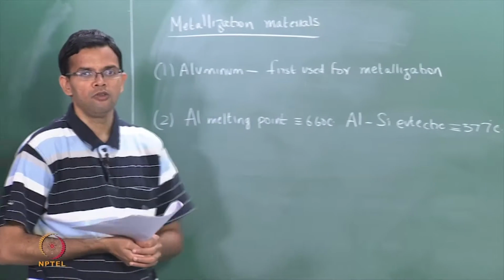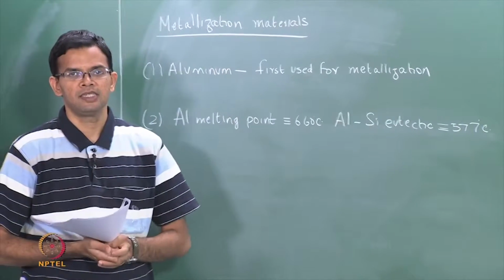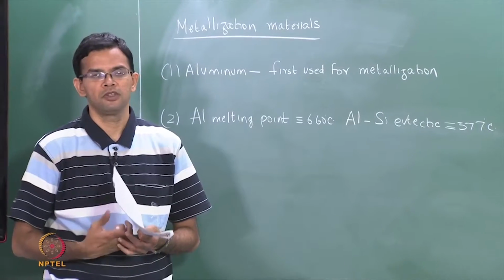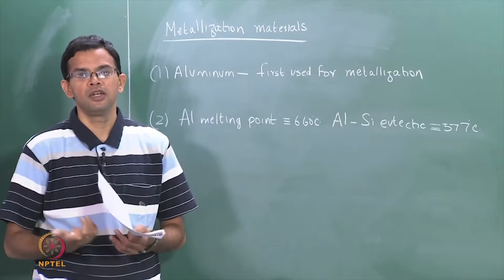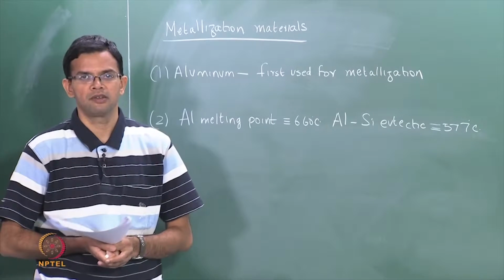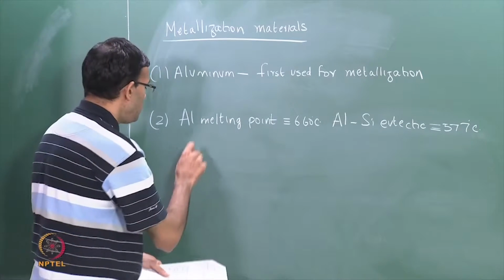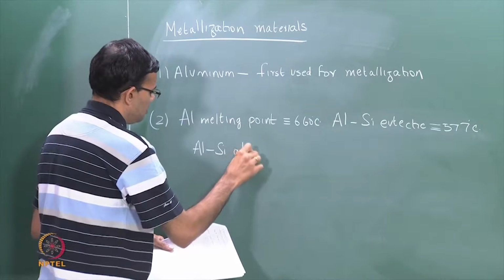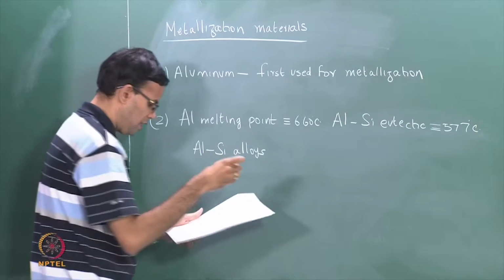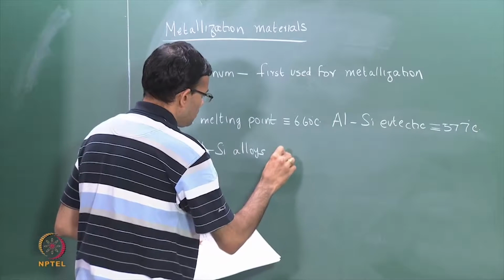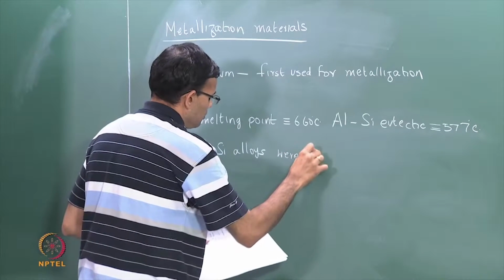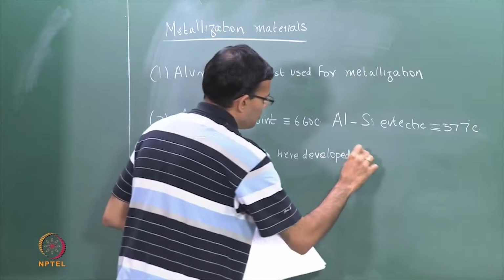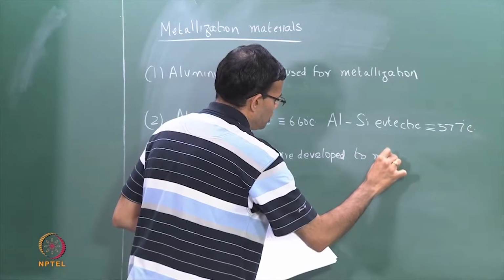So pure aluminum, when it was used as a metallization layer, essentially tended to dissolve into the silicon, and this would lead to loss of contact resistance. So aluminum silicon alloys were developed to reduce this dissolution.